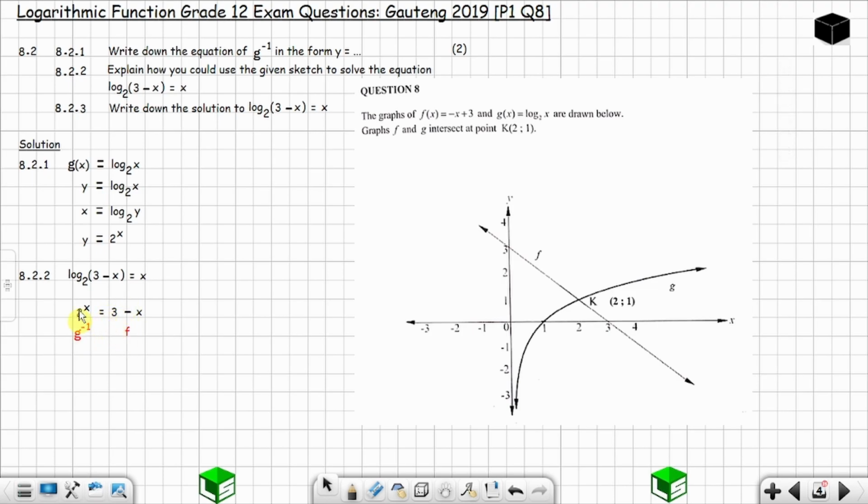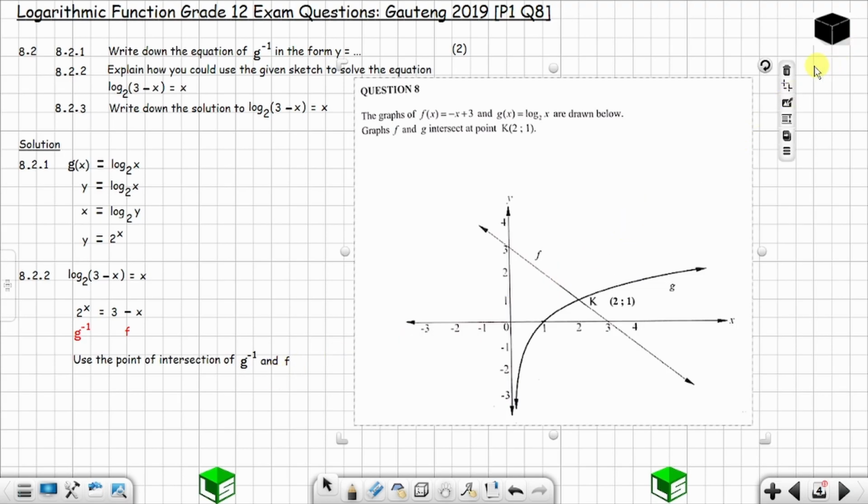So for you to solve this equation, you are going to use the point of intersection, because this graph is equal to this graph. The graph of the inverse of g is equal to the graph of f. So you use the point of intersection of the inverse of g and the graph of f. You can even see that if you draw the graphs. Let me show you.